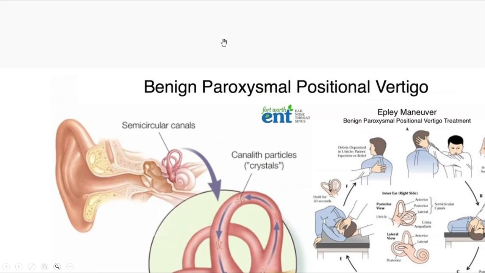And that is the cause of this vertigo. He was the one who studied BPPV.